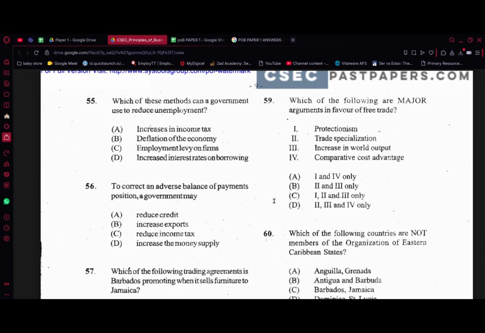Which of the following are major arguments in favor of free trade? D, 2, 3, and 4. Trade specialization, increase in world output, and comparative cost advantage.